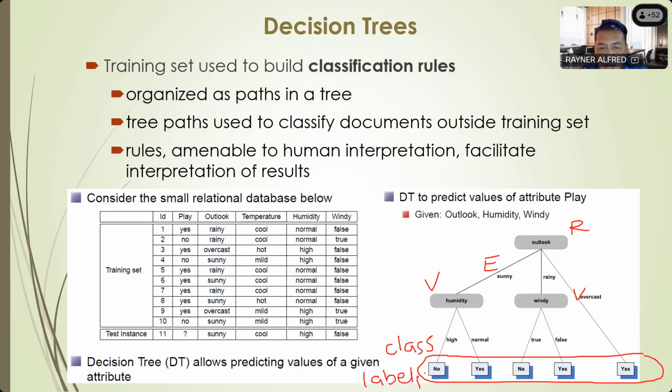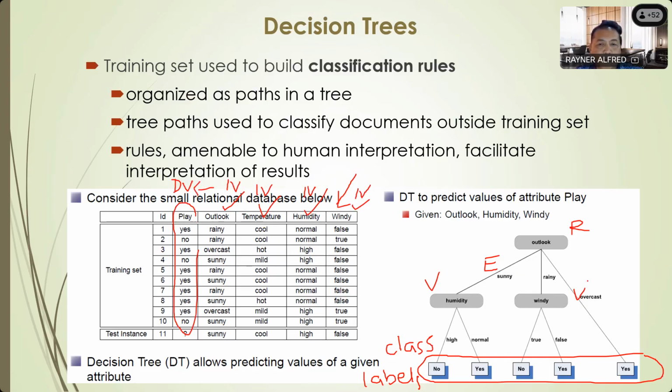This is what the decision tree looks like, but in this one we are looking at this relational table. How do we predict whether we want to play or not, depending on the four independent variables that we have. So this is your dependent variable, and the rest are independent variables. We consider them independent variables because they are used to predict your dependent variable.